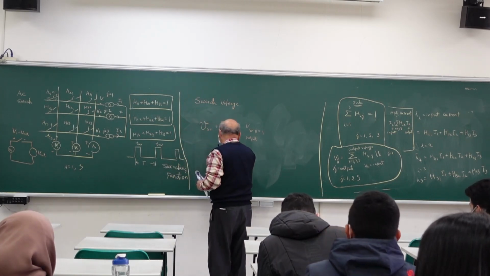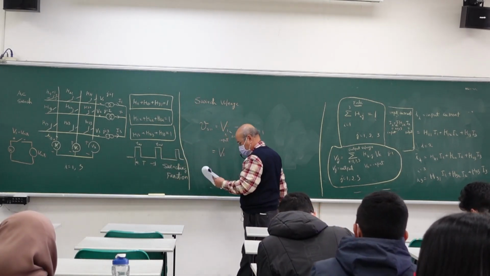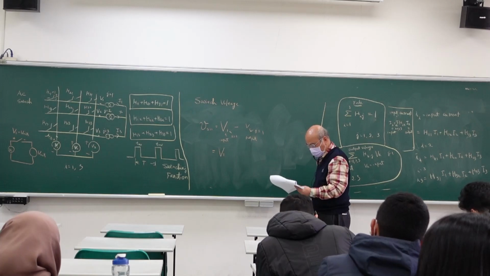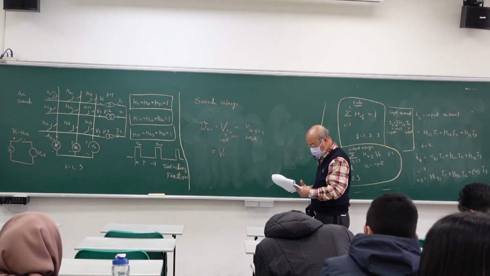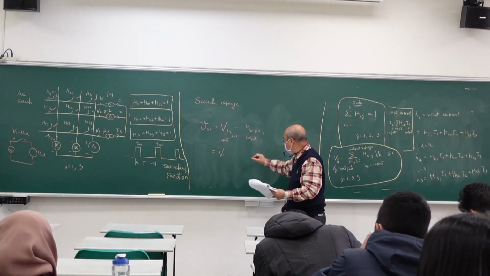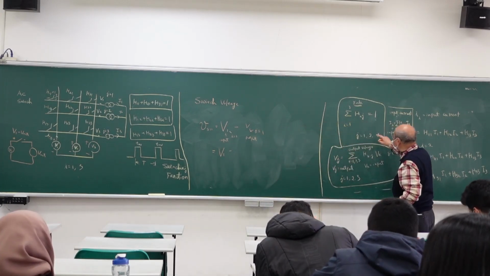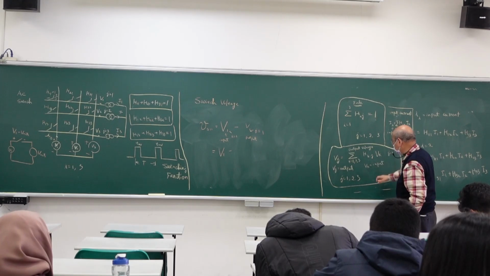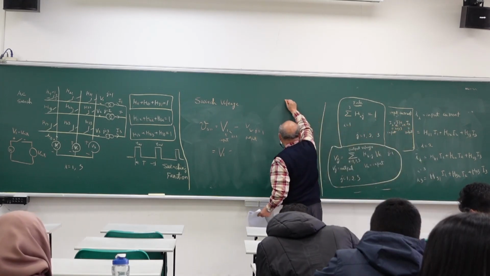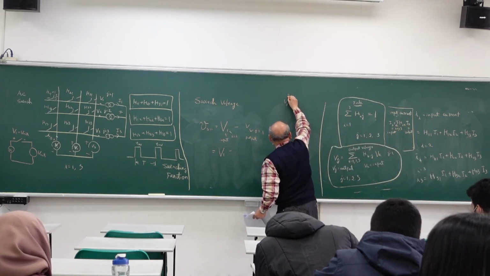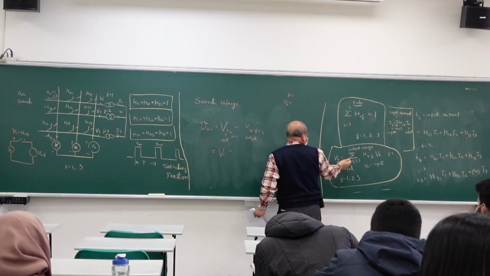So is our input voltage always constant? So it is V1, no problem. But how about the output voltage? The output voltage is here. If you want J equal to 1, what is the output voltage?